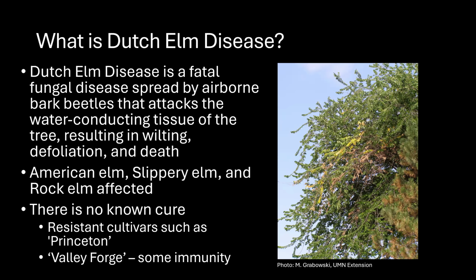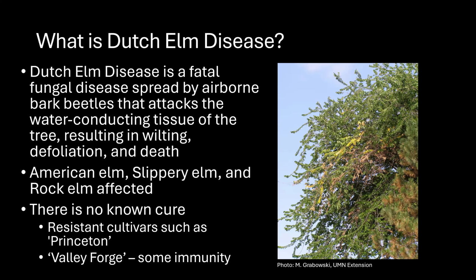Again, we'll talk about some management methods at the very end. But there are different breeding programs trying to get different cultivars to have some resistance. So there's one called Princeton that has some resistance to the disease. There's another one called Valley Forge, which is not far from where I'm originally from, that also has some immunity, but not complete immunity.